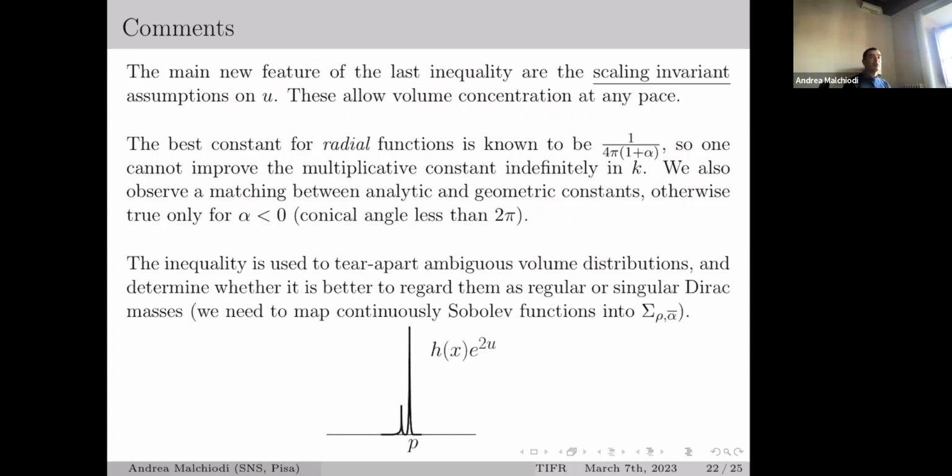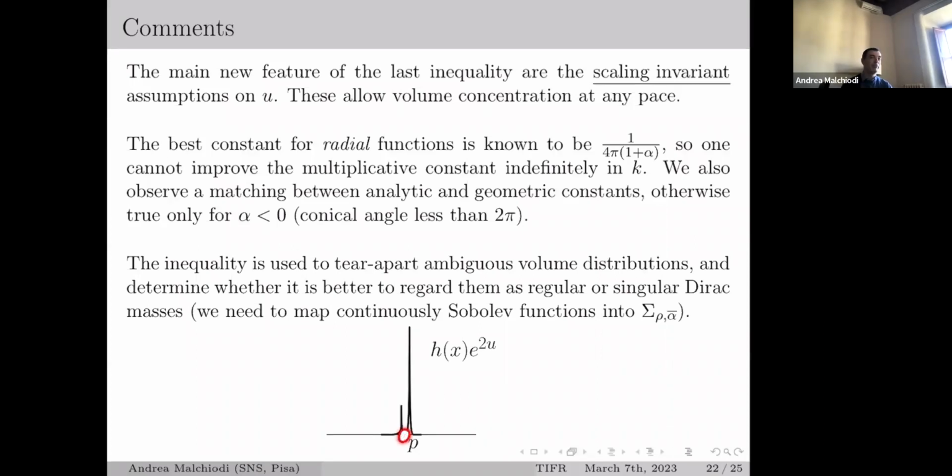Okay, and how do we use such an inequality? Well, it's used to somehow tear apart some ambiguous volume distribution, because suppose that we have a volume distribution more or less like this. Well, you don't know whether to regard it as volume concentrated maybe at the singular point here.